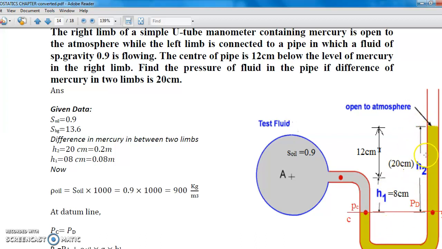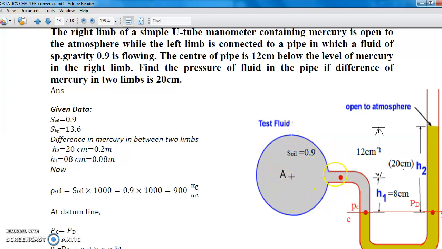This H2 is the difference of mercury in the two limbs, which is given as 20 centimeter. Now you have completed the diagram.